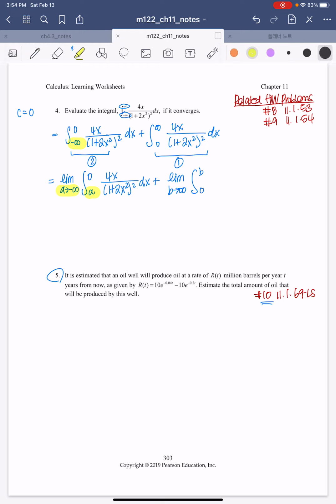So this part is the modification. So this infinity, we put limit as b goes to infinity. 4x over 1 plus 2x squared, whole thing squared, dx.